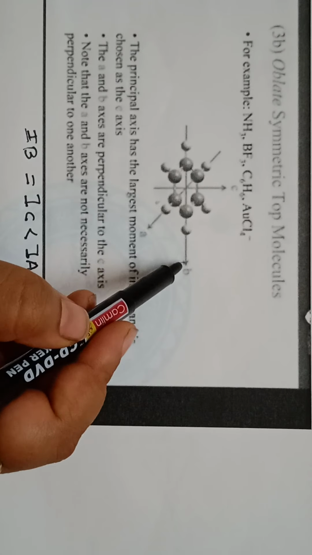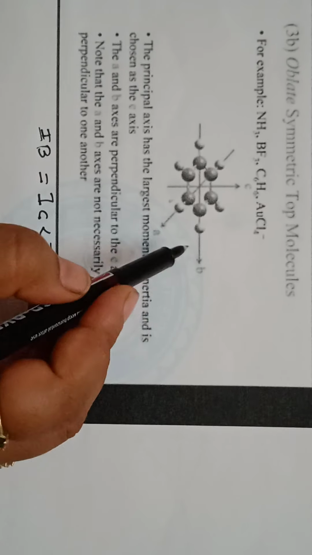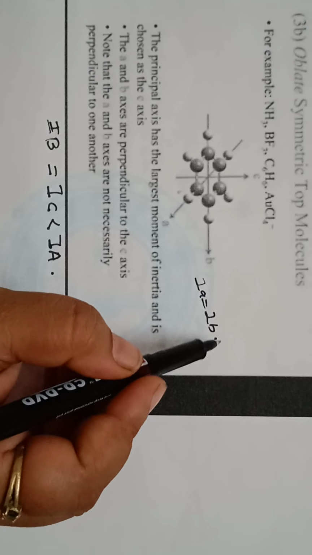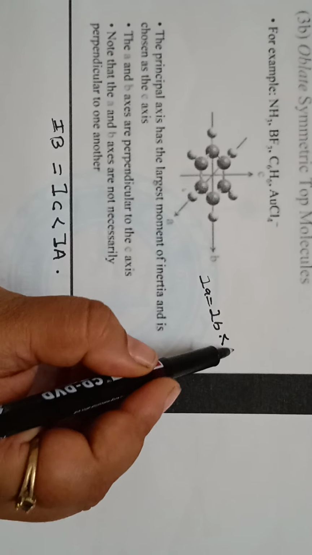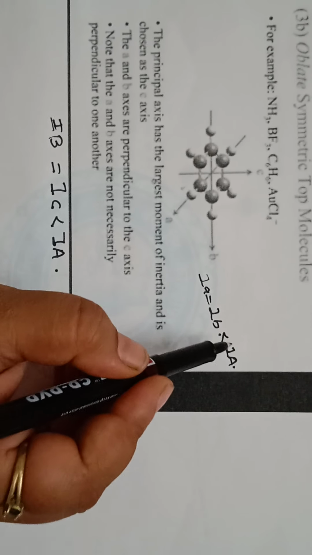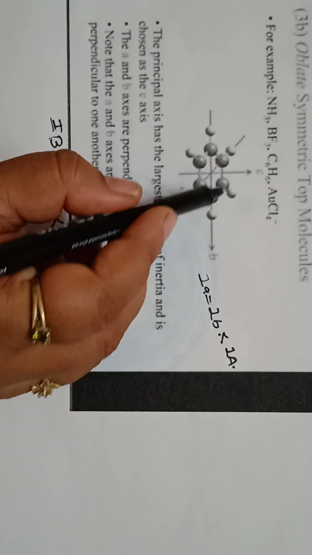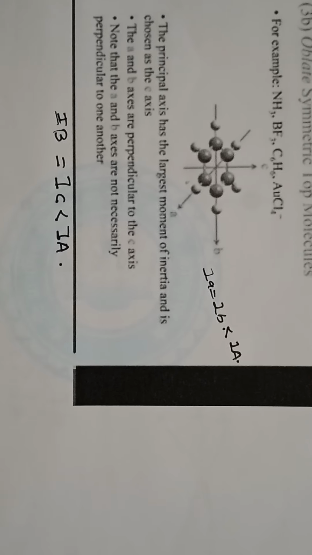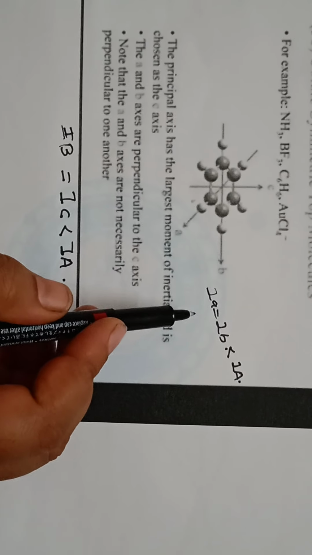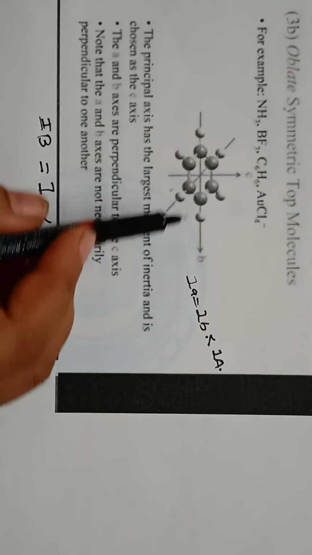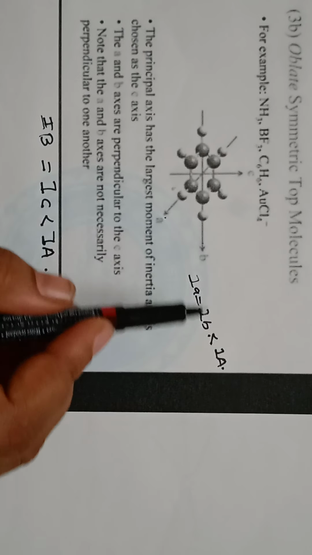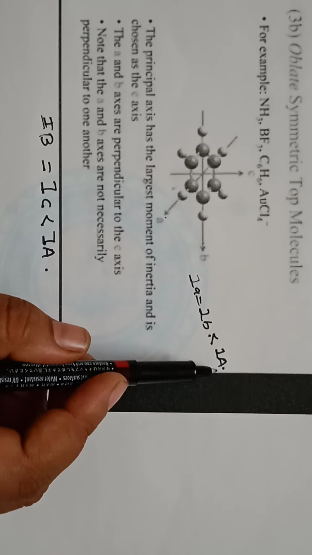So IA is equal to IB, which is less than IC, because this distance is large. So in the oblate symmetric top molecule, A and B are mutually perpendicular to each other and IA is equal to IB, less than IC.